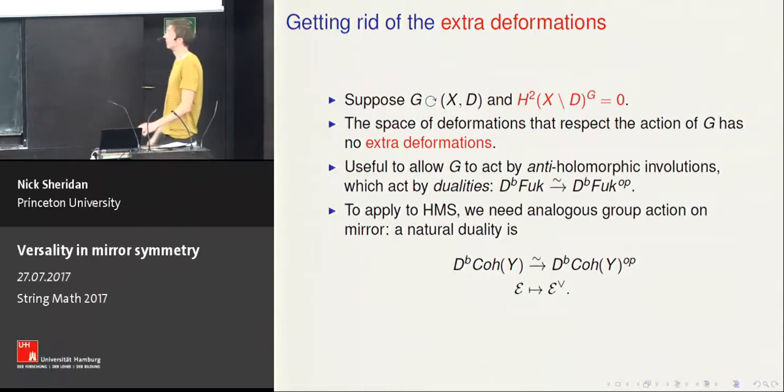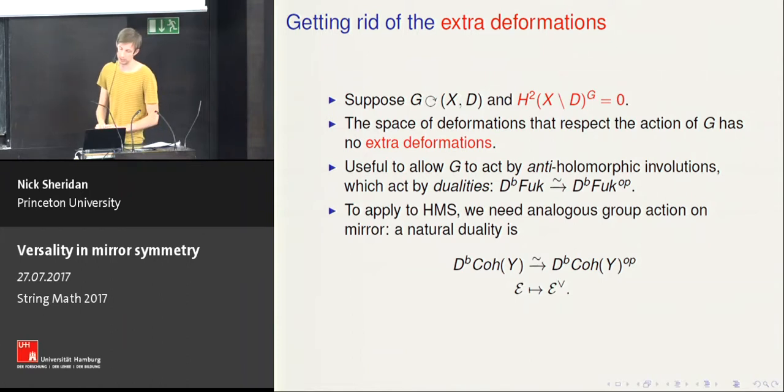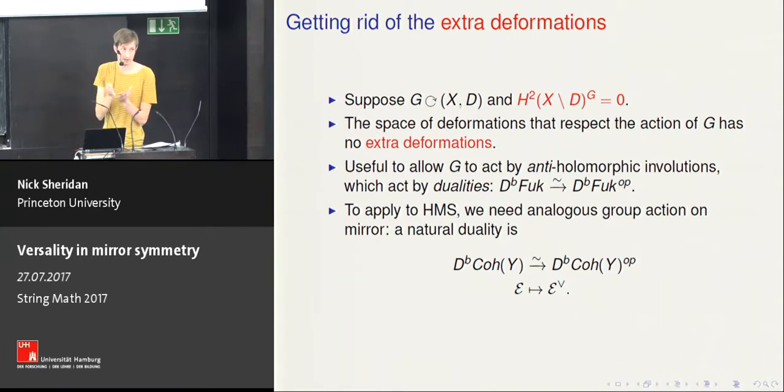So what we can do to fix that is suppose that we have some group action in the picture, and suppose that the G-invariant part of H^2 of X minus D vanishes. And then we can look at the space of deformations that respect this action of G. So since the G-invariant bad bit vanishes, that's enough to solve this problem, to make the space of G-respecting deformations versal in the way that we want.